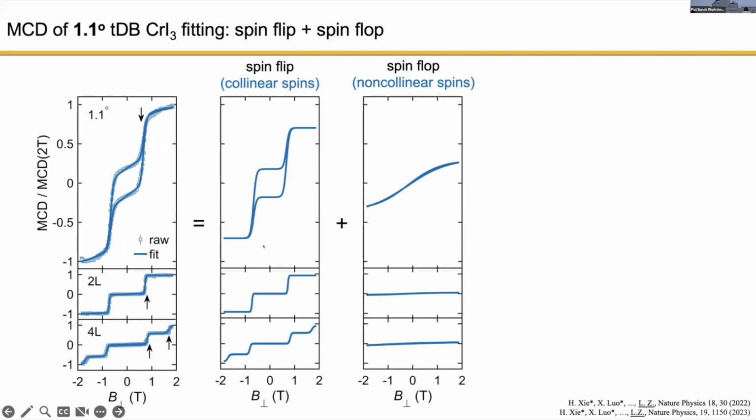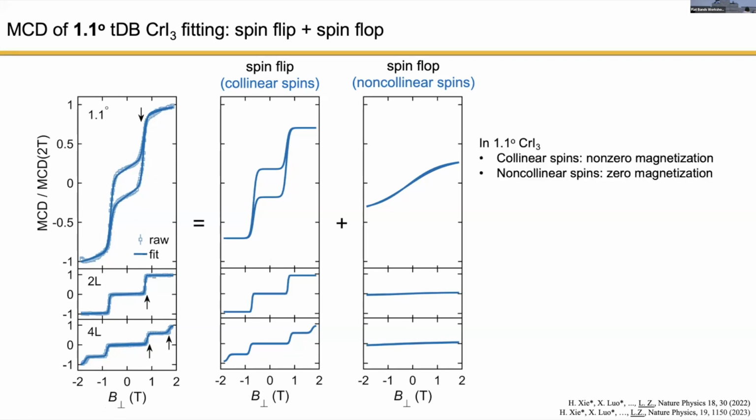We can see that for 2 layer and 4 layer, we don't have the second contribution. I want to emphasize that the net magnetization naturally falls into the collinear spin part. That is also a consequence of the fit rather than a preset of the fit.